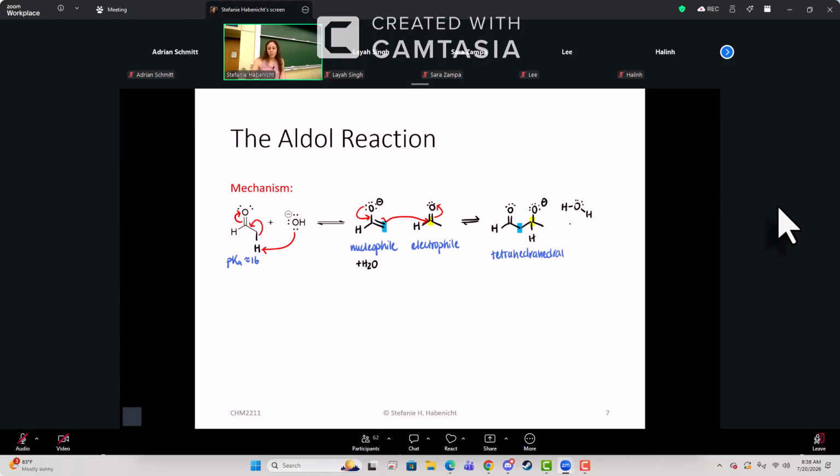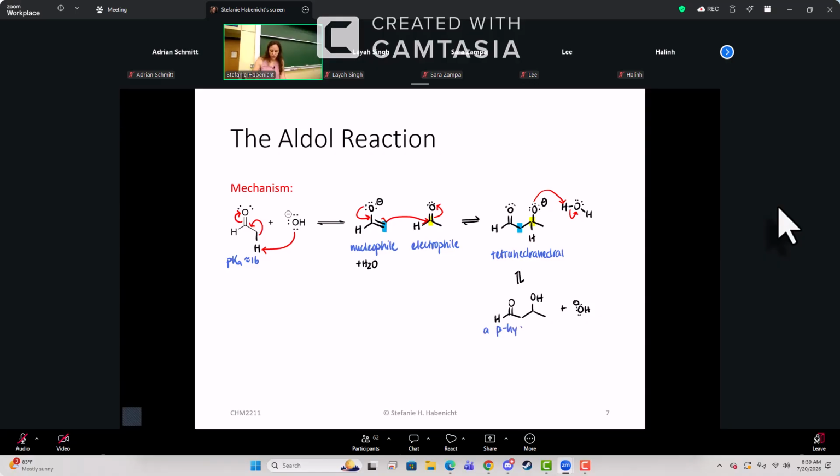But our reaction mixture is an aqueous one, sodium hydroxide and water, and so our tetrahedral intermediate can certainly be protonated by a water molecule. Even if just in equilibrium, everything so far has been reversible. And protonation of the tetrahedral intermediate is giving this beta hydroxy carbonyl compound, the product of the aldol addition.